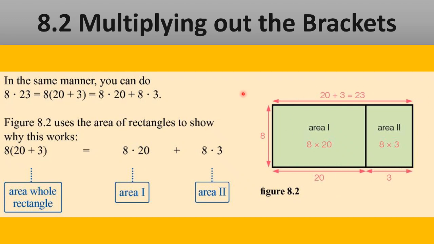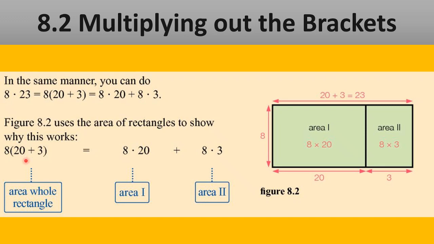If I would ask you to calculate the area of them together, well, you could have done 2 things. You could have done 8 times 20, calculate area 1, and then add 8 times 3, right? That's what they do here. They do it separately. But what you also could have done is do 8 times, just take this length as one piece, 20 plus 3.